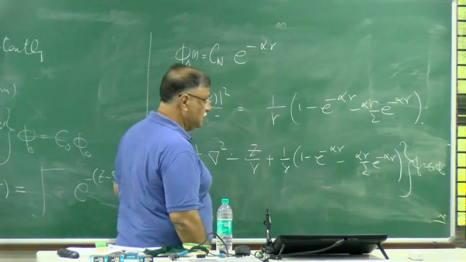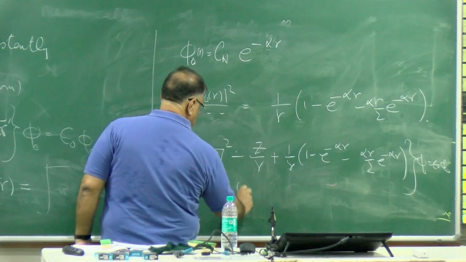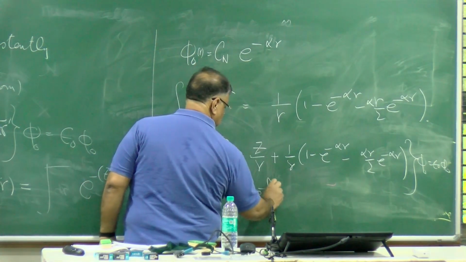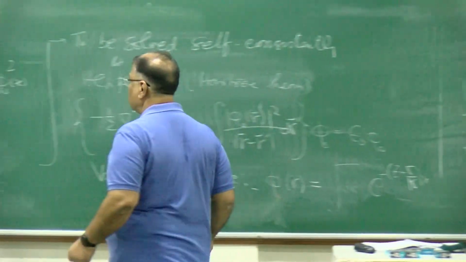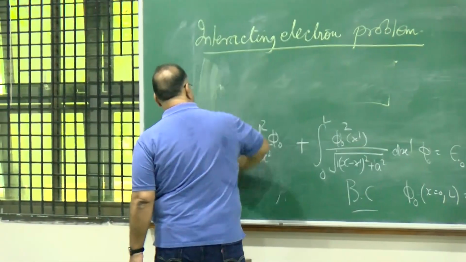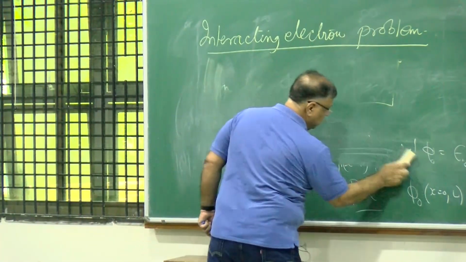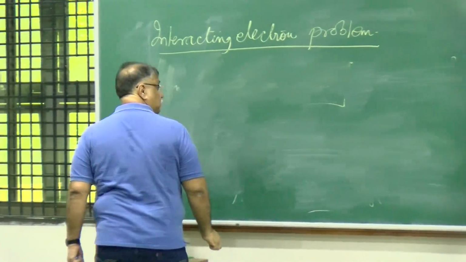So to do it self-consistently, you take phi 0 to be some Cn with respect to beta, e raised to minus beta r. Calculate the expectation value. And I'm doing this because then you also can do exchange-only Kohn-Sham in this manner for helium. So you don't really have to go to the computer.